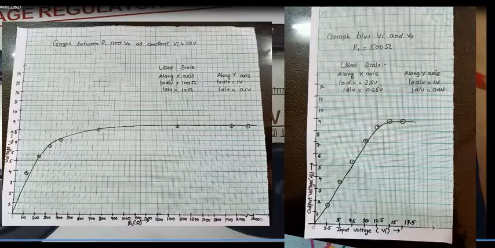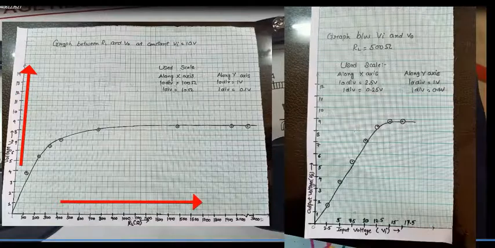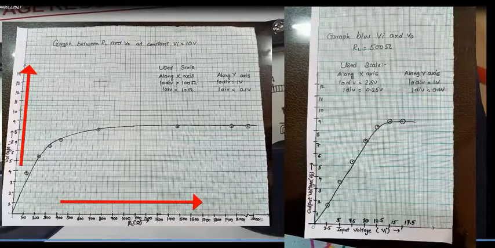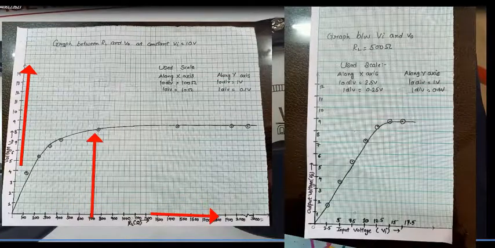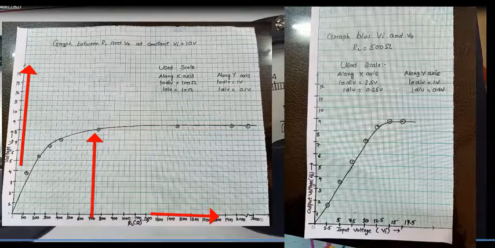Now this is a graph between, along this side, the load resistor. Along this side is output voltage. You note down just after this value of the load resistor, output is not changing. Output across the Zener remains constant even as you are increasing the load.